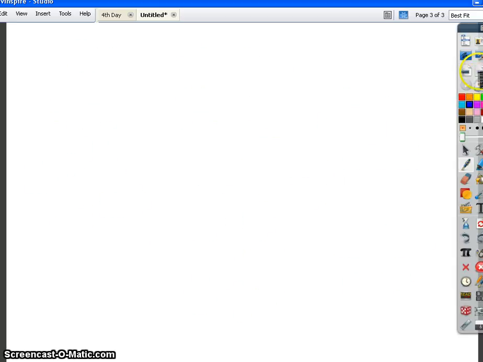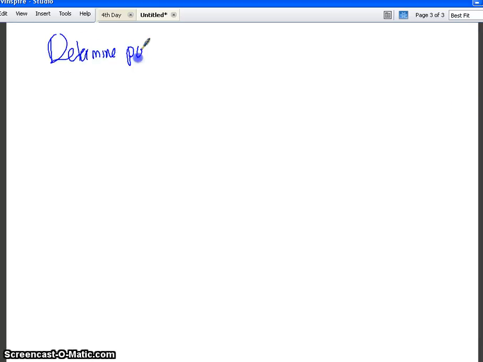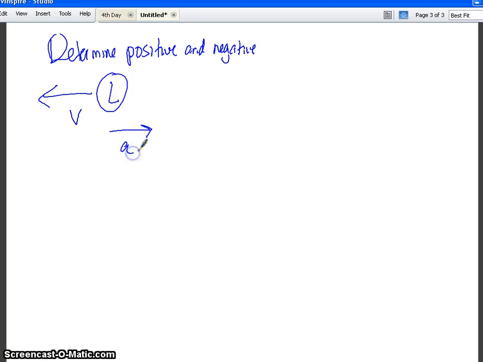The next thing, another good bookkeeping practice, is to determine positive and negative. If the question says an object is moving to the left and it's slowing down, that means its velocity is going this way and its acceleration is going in the opposite direction.